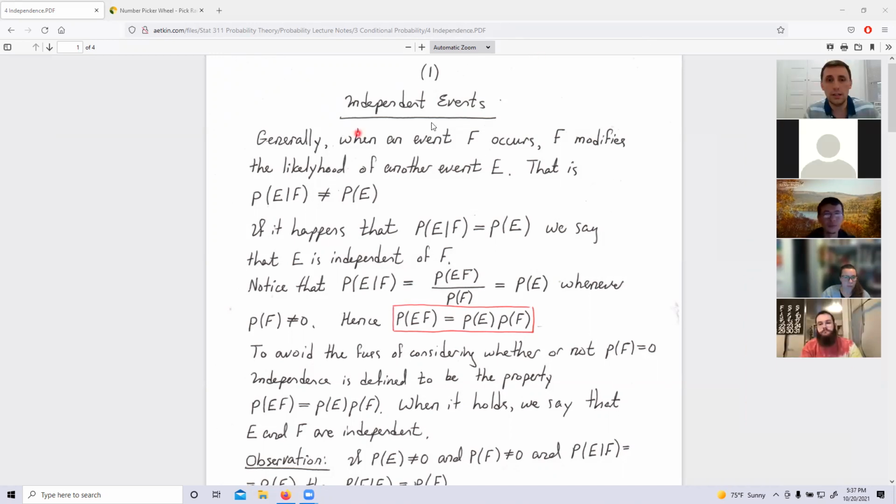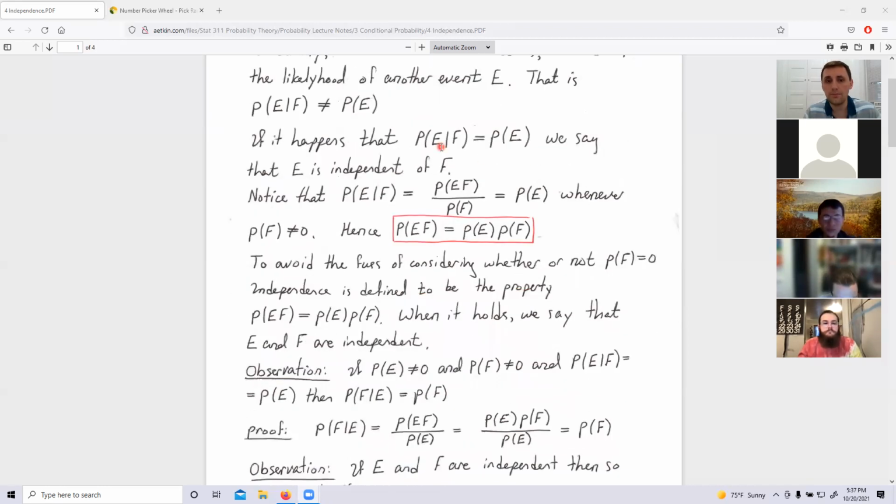So generally, whenever an event F occurs, it is on the website, you will find it. When an event F occurs, F modifies the likelihood of another event E, correct? But sometimes the probability is not changed.